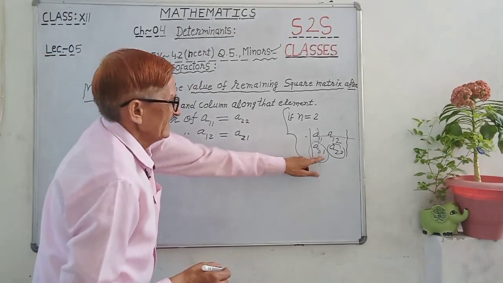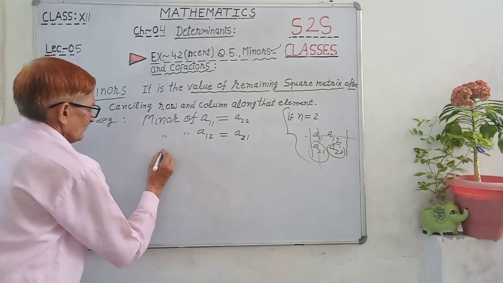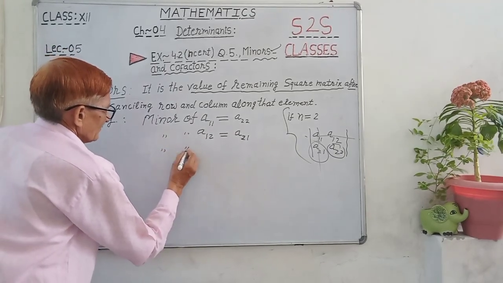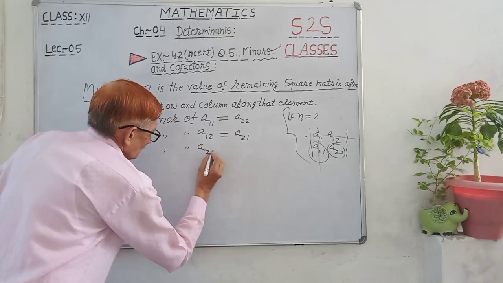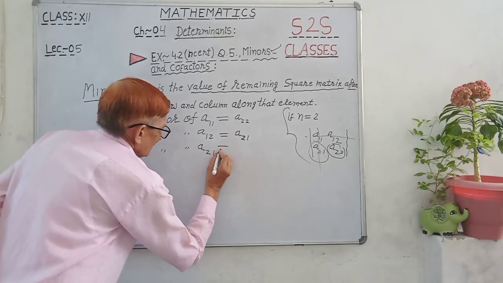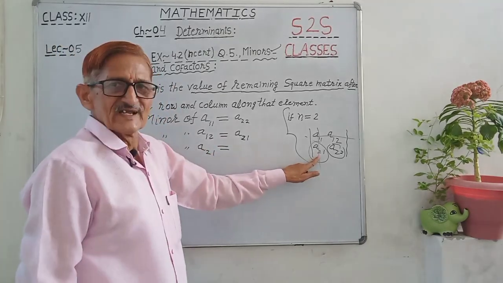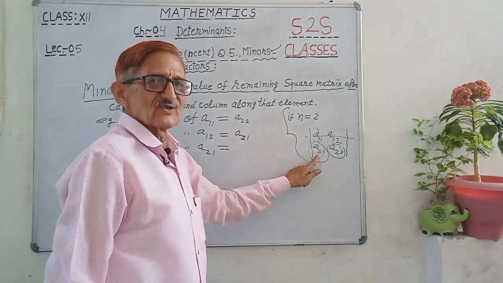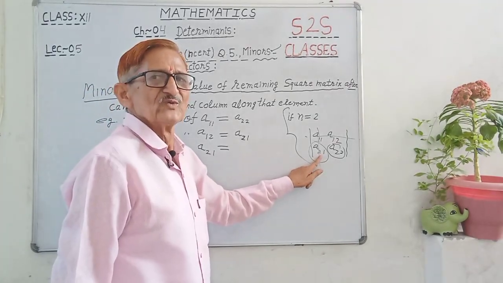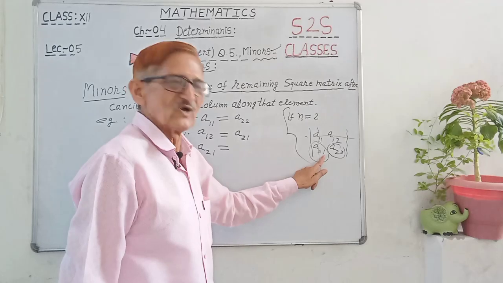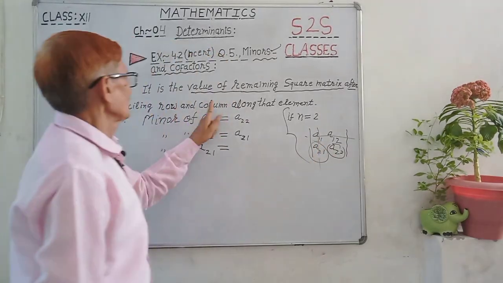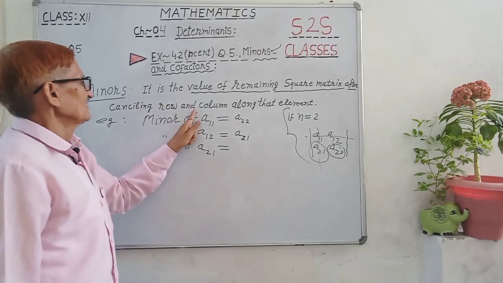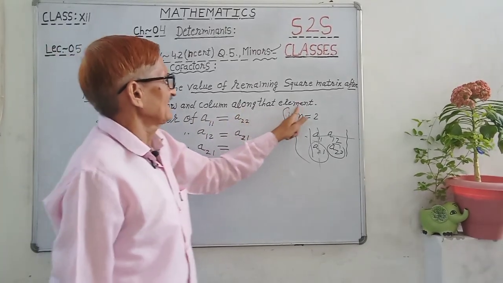Now similarly, minor of A21. Minor of this element A21: this is second row and first column, 2 means row and 1 is column, so the first column cancels and the second row along that element, cancelling row and column along that element.